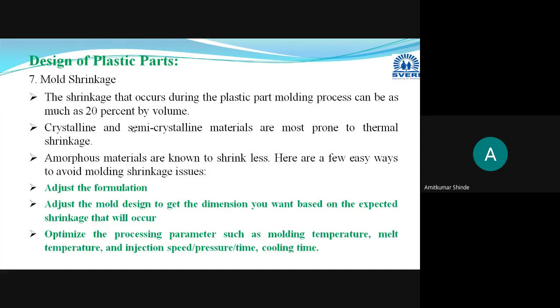And then by considering the shrinkage which may occur, you have to consider the formulation of that particular plastic material, then mold design, and you have to optimize the processing parameters like molding temperature, melt temperature, and factors related to the process like speed, pressure used, time required, and cooling time required.